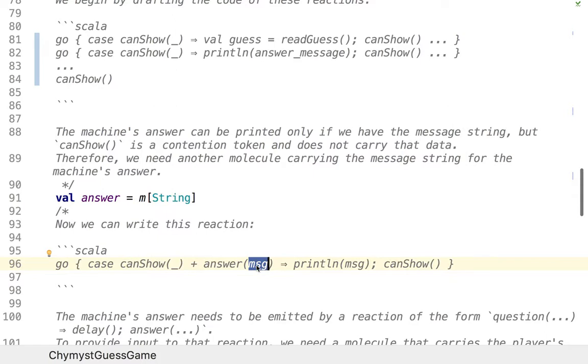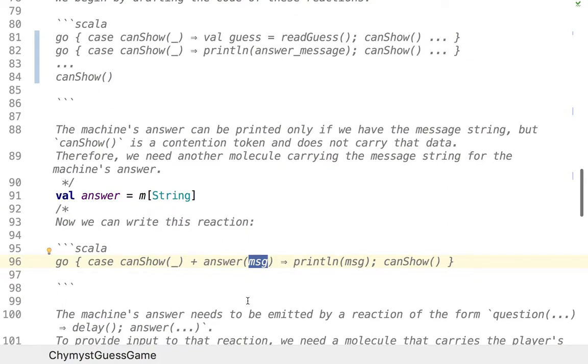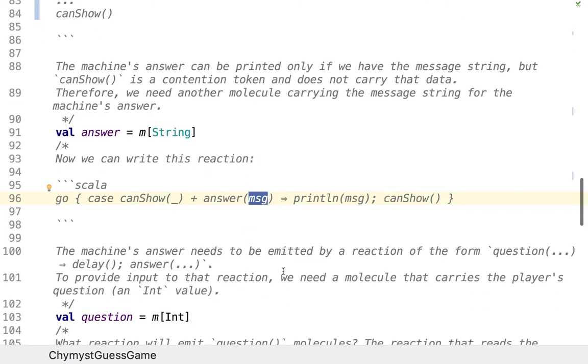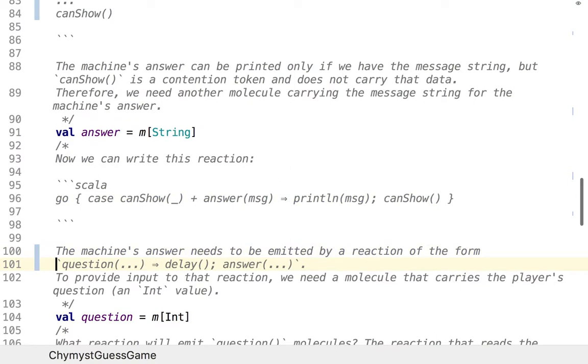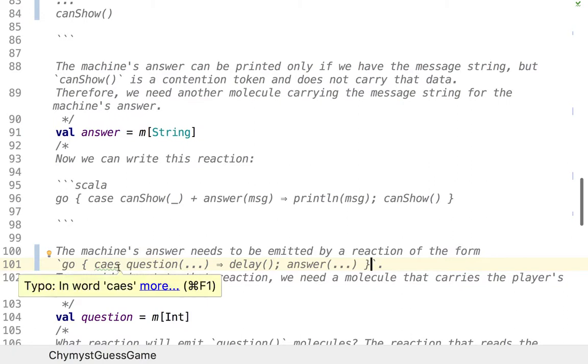Now, who will emit the answer molecule, though? So now this reaction is fine, but somebody needs to emit the answer molecule. Well, clearly, the answer molecule can be emitted only by a reaction that takes the question and computes the answer. Now, this reaction would have to be of the form like this, consuming a question molecule of some kind.